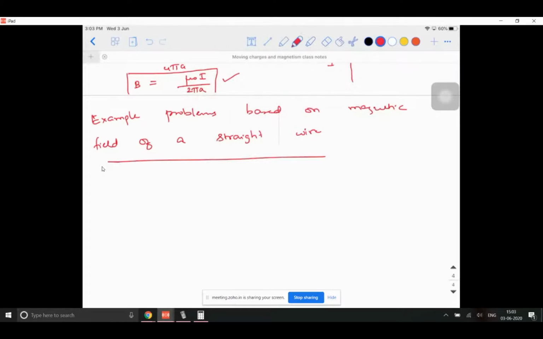Now what I'll do is, observe. The first question is, let's say there are two parallel wires of infinite length carrying the same currents in the same direction.